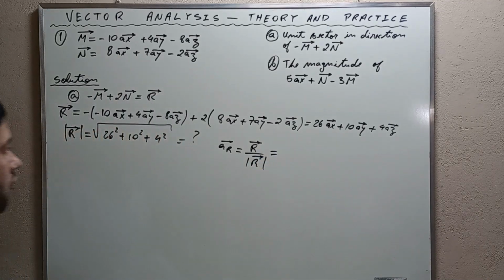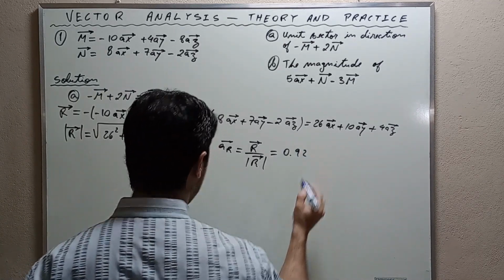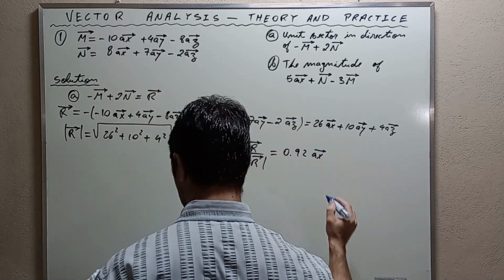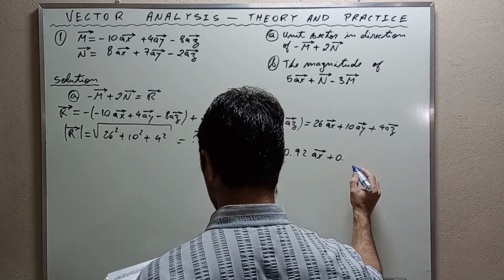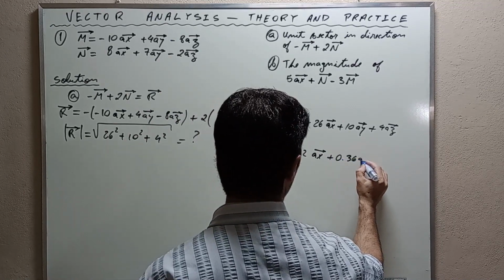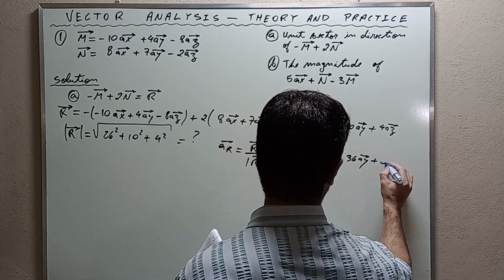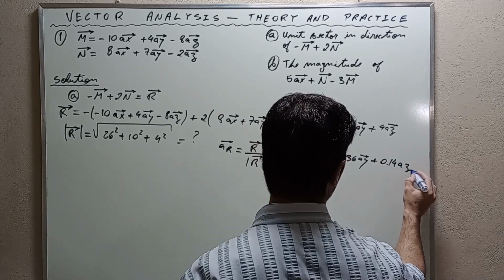And this is equal to 0.92 AX plus 0.36 AY plus 0.14 AZ.